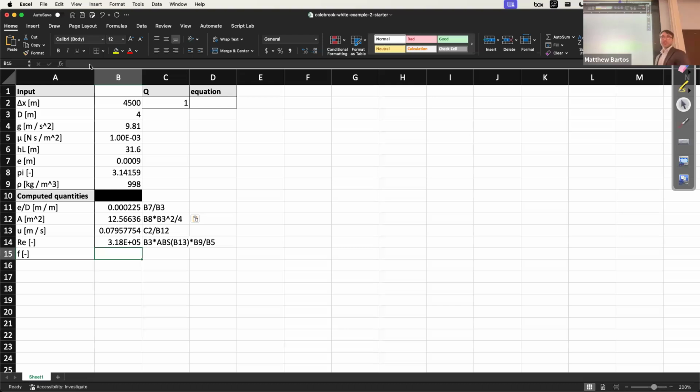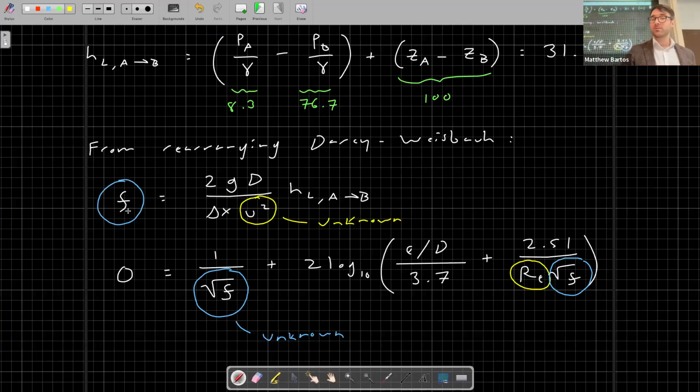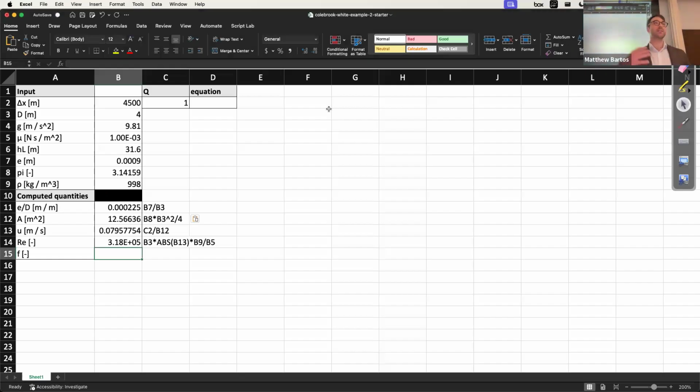All right, and then I have a final expression here for our friction factor. This is going to be solved simultaneously with our flow rate. Remember from the equations that we derived, the friction factor is equal to 2 times G times D times the head loss divided by the length of the pipe divided by the velocity squared. We're going to use this expression to compute the friction factor, and that's going to get computed iteratively along with the flow rate.